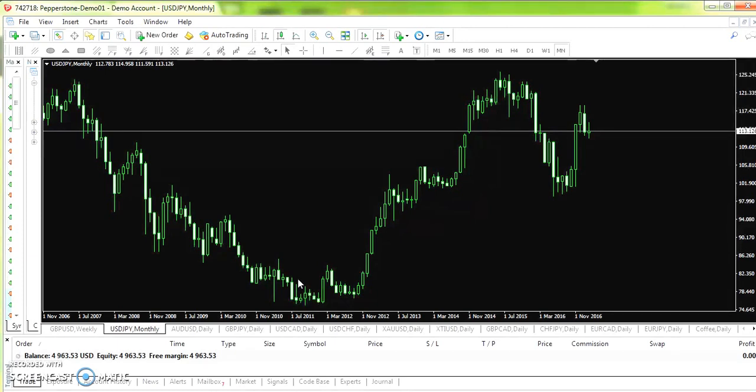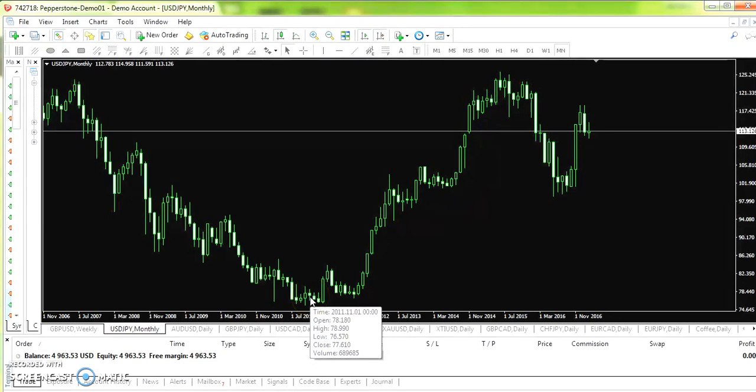But each trend, as I have always emphasized, even a sell trend has a lower high and lower low pattern, right? As you can see, this is the high, this is the swing low, right? Lower high, lower low, lower high, lower low, lower high, lower low, lower high, all together, right?